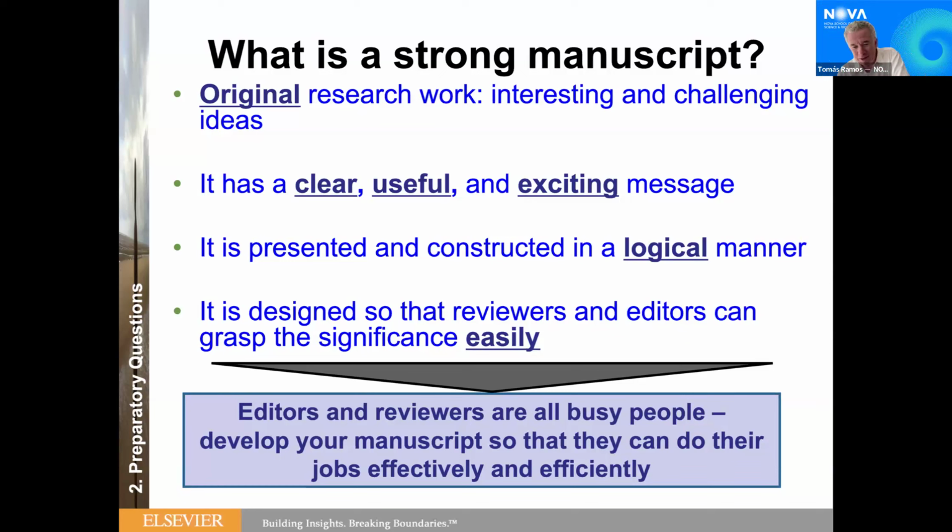They will check one more section and will say, well, I can't understand anything about this. So these people are busy, as I already said, so you should develop your manuscript in a way that they can understand and do the job effectively and efficiently, in an easy way.